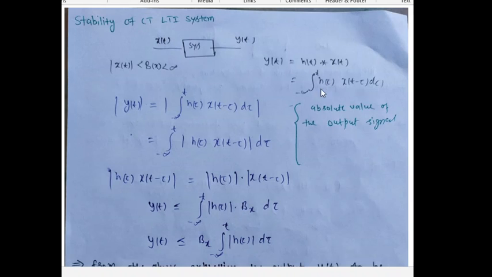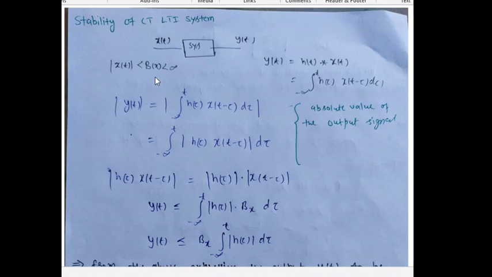This is our convolution equation: integration from minus infinity to t of h(tau) x(t minus tau) d tau, where t is constant and tau is variable. So we integrate with respect to tau.